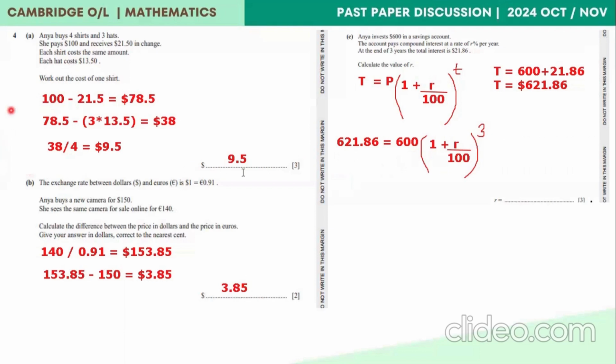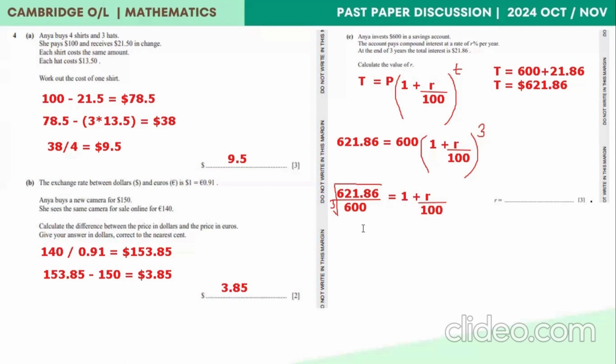So that would be 621.86 over 600. Additionally, we can take this cube also to the left after taking the division. So when the cube goes to the left, it becomes a cube root. So the cube root of this value is going to be equal to our 1 plus R over 100. So I hope that's clear.